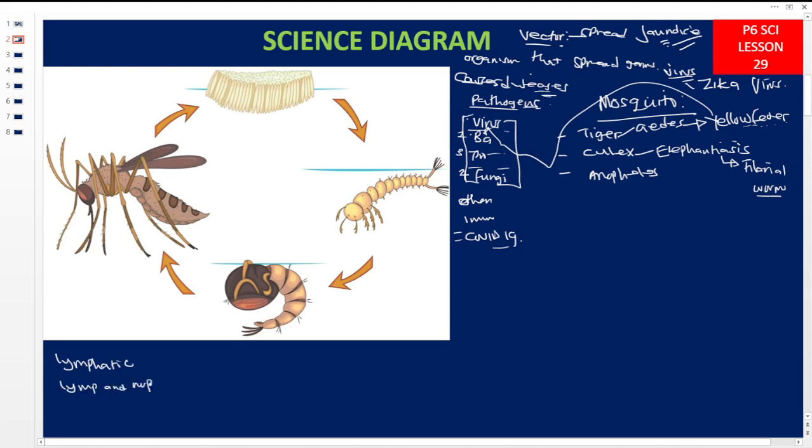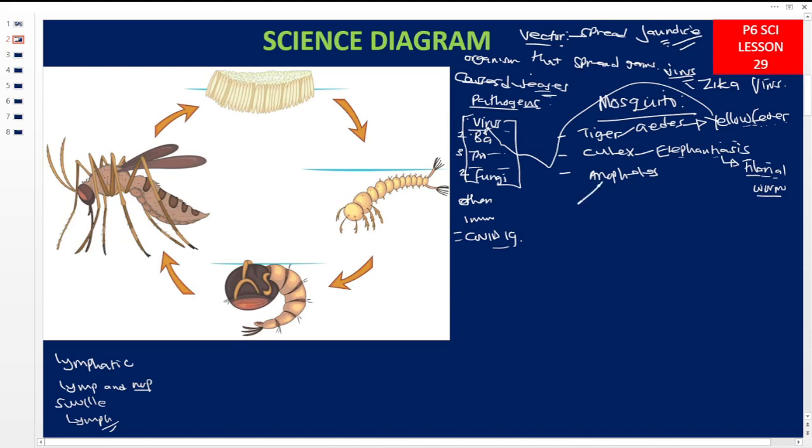We shall discuss this lymphatic system later. That's why the legs get swollen: the lymph nodes have been affected by the filaria worms. So the germs are filaria worms, and the disease is elephantiasis.